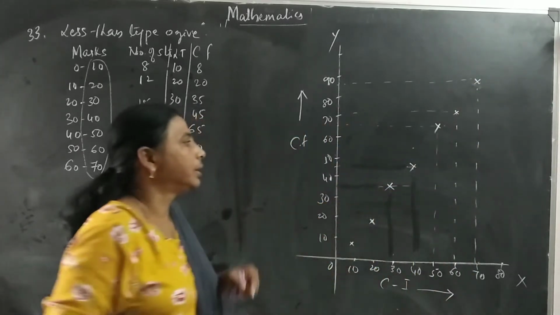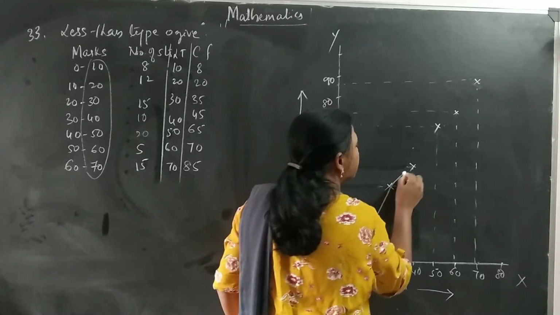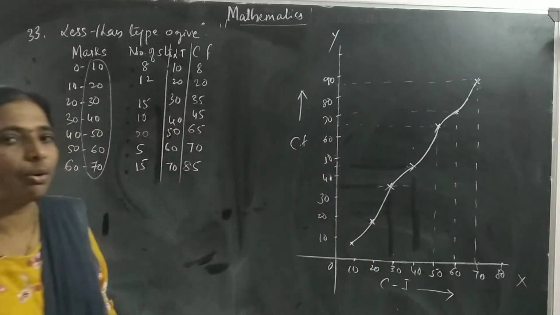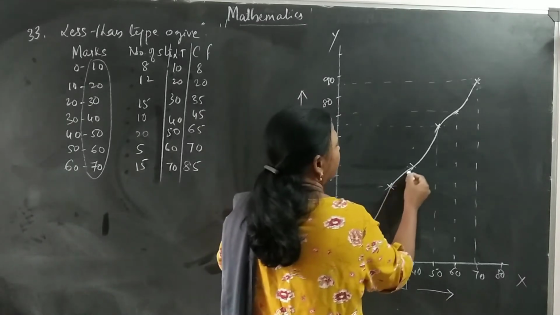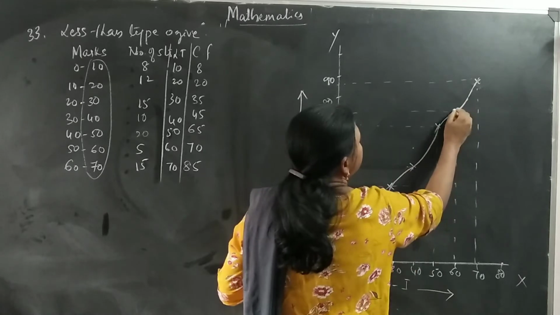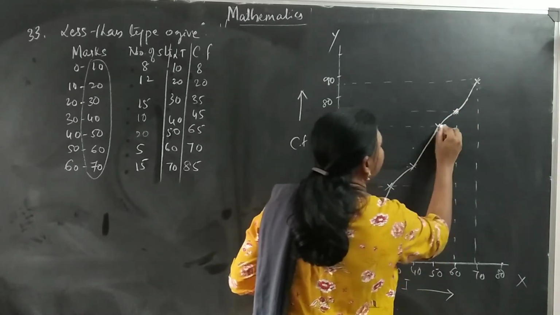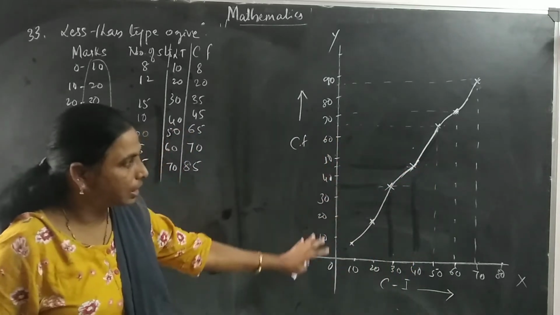Correct? Now, I have a curve like this. You can just observe. So, this is how we will get the line. That is, starting from here, we will get it like this. See children, sometimes what happens is that this will get in some different shape because I have drawn it without using the scale.